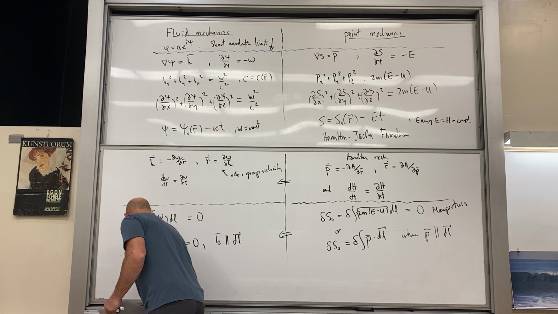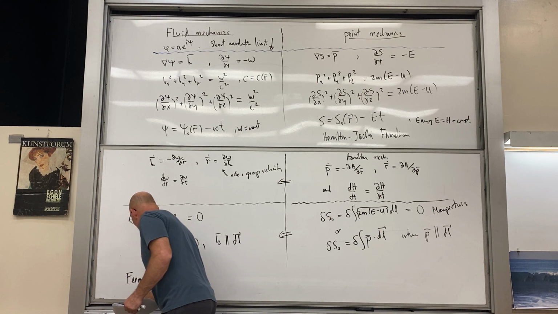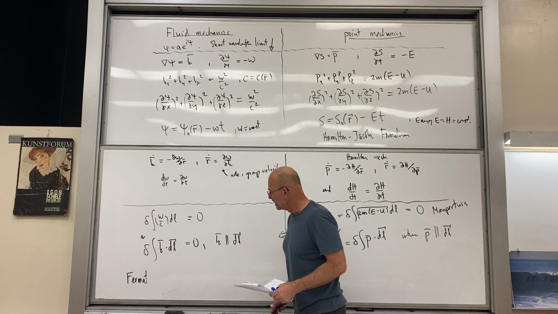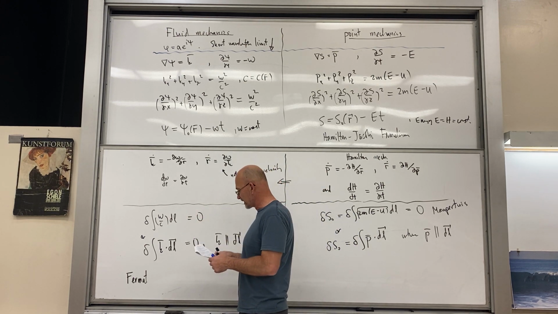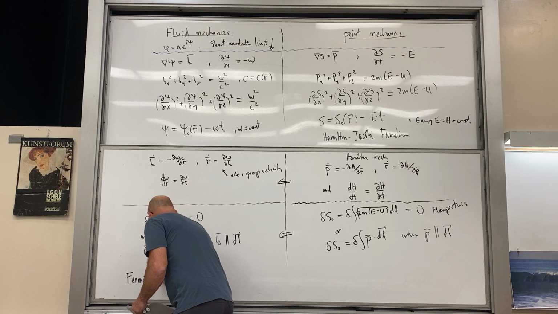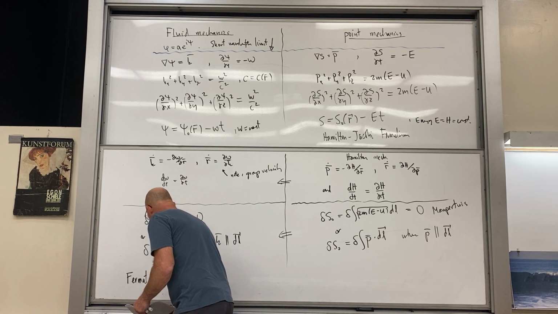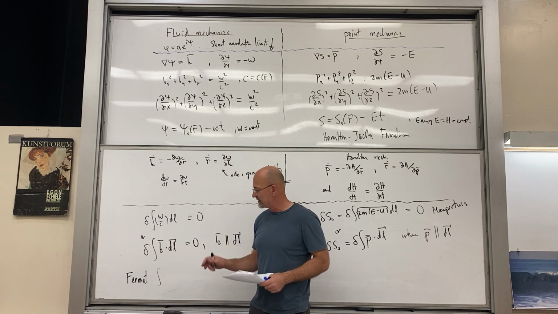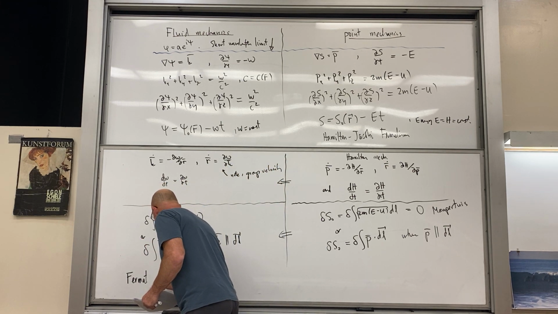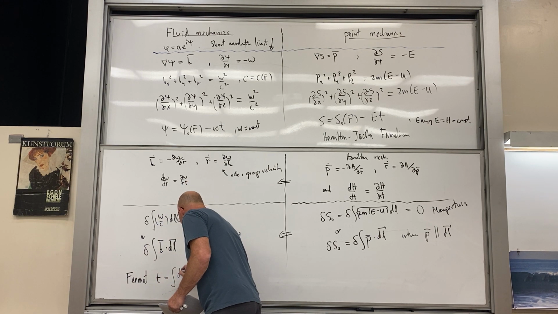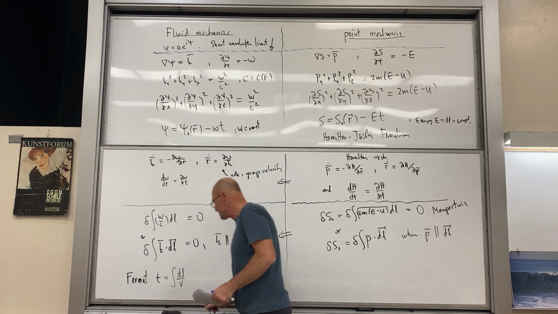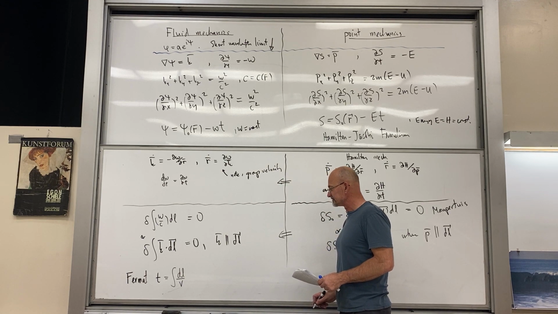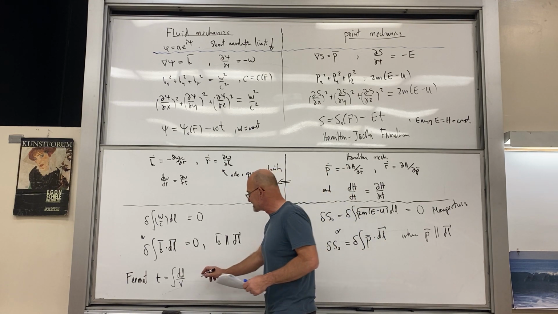So right here I'm going to remind us of Fermat first, and then there's a little confusion with the letter C, but we'll just deal with it. Okay. So Fermat is the principle of least time. So maybe we would write T is equal to integral dl over V. So that's the principle of least time.